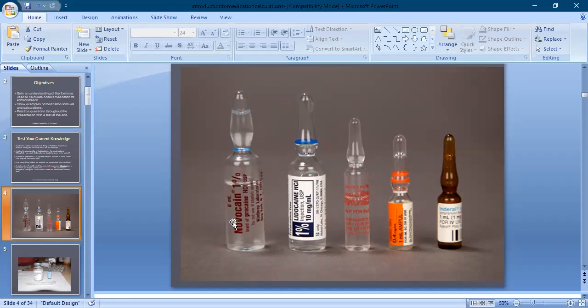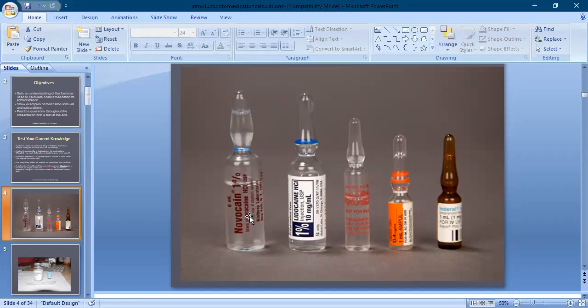So this solution is not only distilled water, it contains some medication, which is called the solute, right? So like this, 10 milligram per ml. So in 1 ml of solution, there is 10 milligram of solute, meaning 10 milligram of the medication.